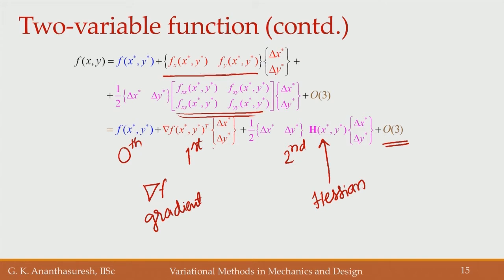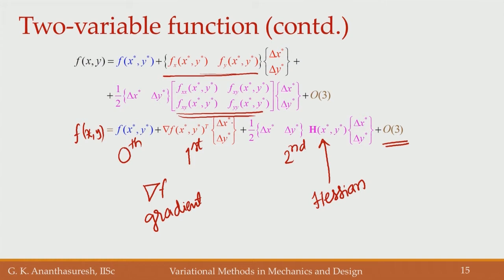Now, if we want the first order term to vanish for x star y star to be a local minimizing point, then the gradient should be 0. Just like in the one variable case, we said df by dx should be equal to 0. Here we say gradient, so that becomes the necessary condition. After the necessary condition goes away, we want our f of x y to be larger than f of x star y star.